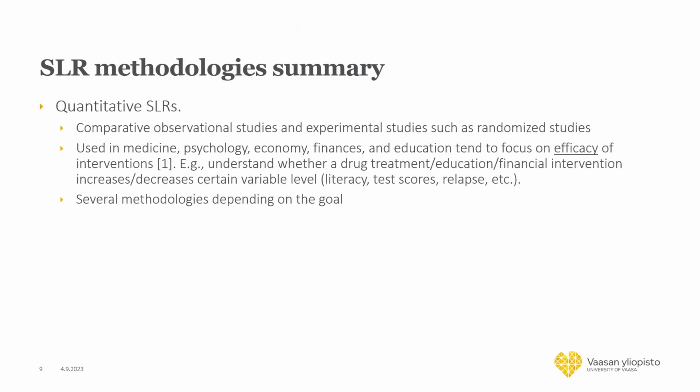When we talk about the different methodologies, we talk about the mechanisms or methods for summarizing or assessing those collections of articles, the primary studies. Some of them are quantitative.